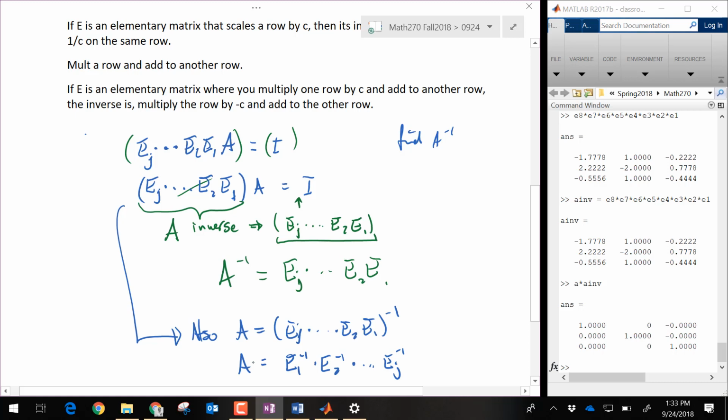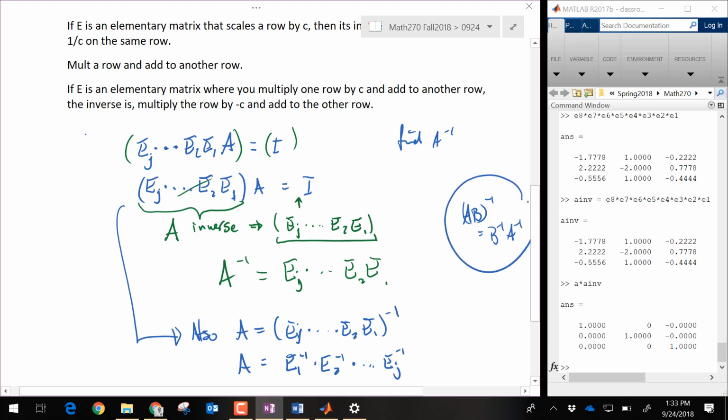You can, but again, I is the identity, so it doesn't matter which way you multiply. In reverse order, yes. So the inverse of a product, AB inverse, equals B inverse A inverse.